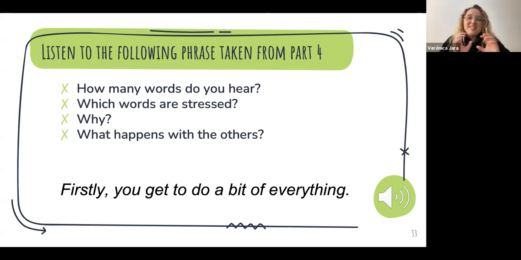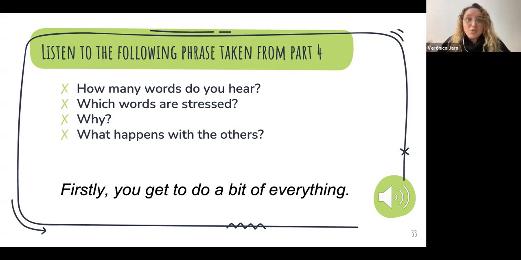So this is as if you were highlighting certain words in writing. That's what we do when we speak. And that's what people do when they speak, and that's what you should pay attention to. So the stressed words will be the important ones. And remember what we said at the beginning, that sometimes students think that they have to understand everything, right?